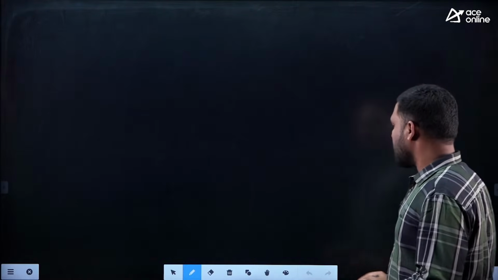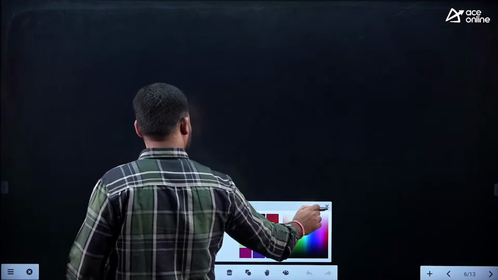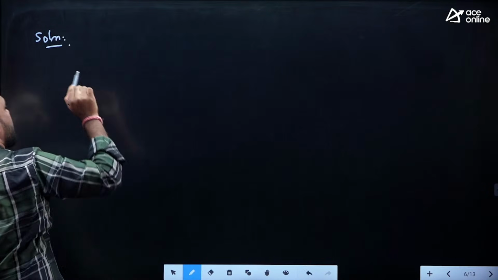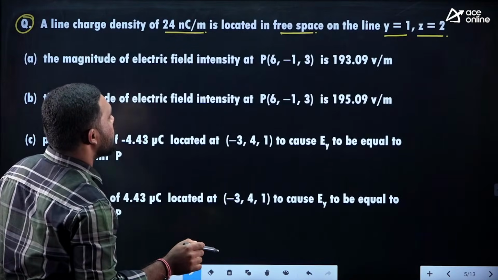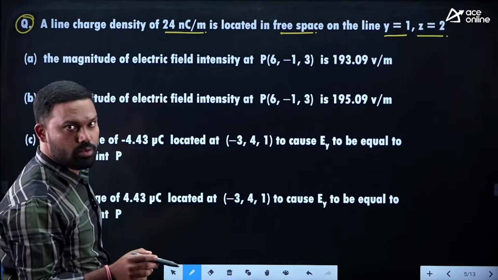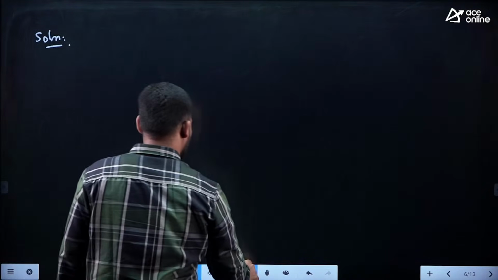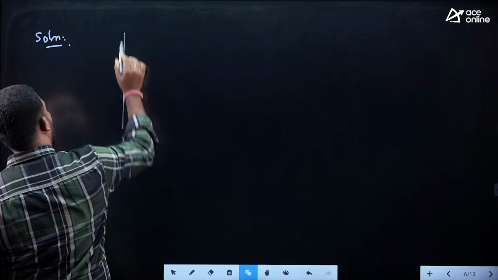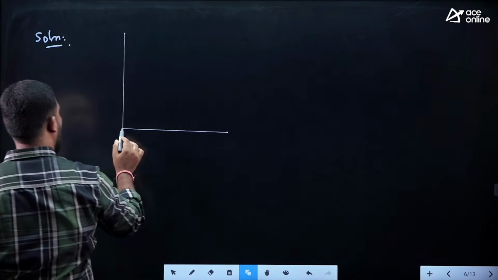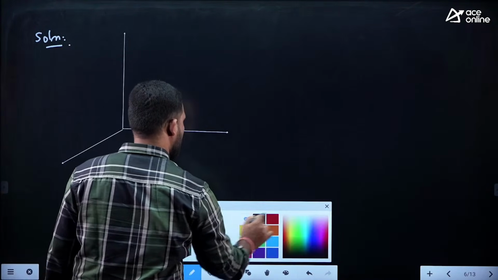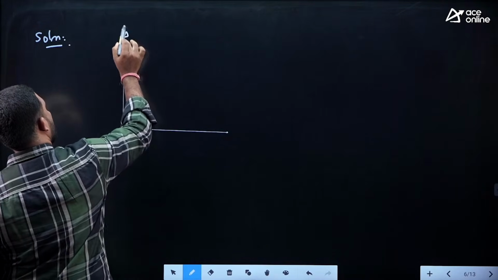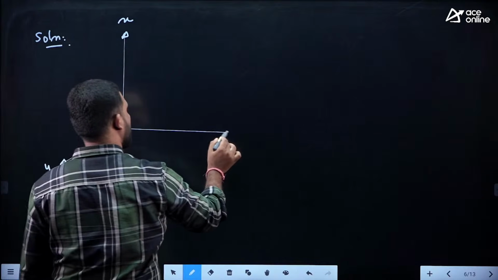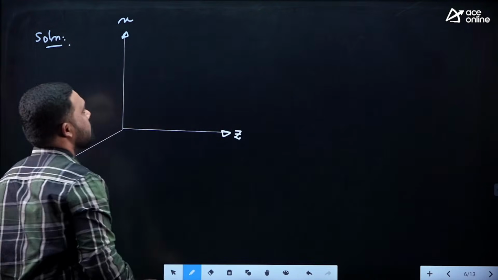Let me turn the page here. Let us have some rough diagram for this. So where that infinite uniform line charge is located, y is equal to 1, z is equal to 2. So it is parallel to x axis. Fine. So let me take the coordinate system like this. This is x, this is y, this is z.